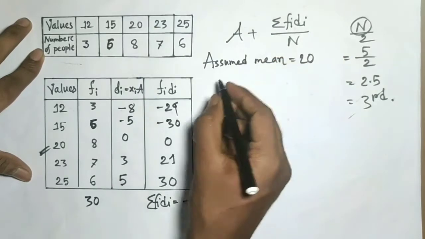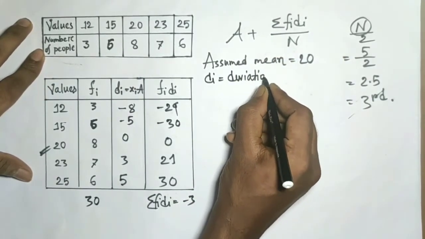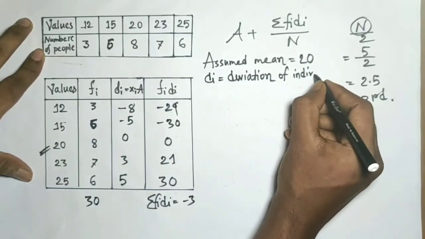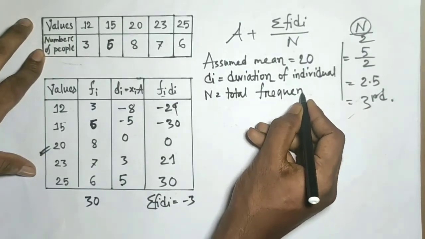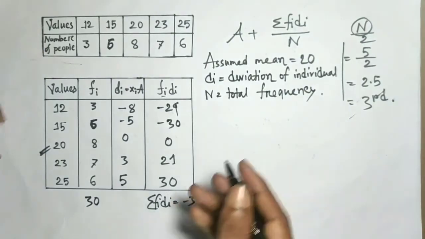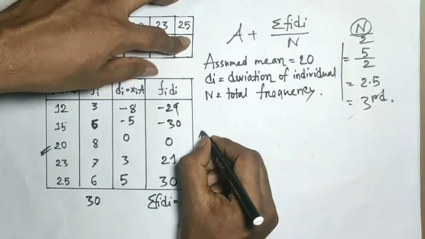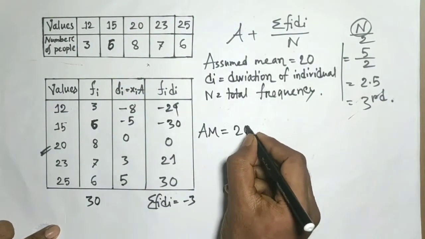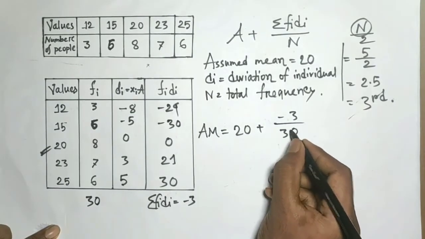Here let's identify the terms: di means the deviation of individual, and n is the total frequency. So by putting the values in the formula, we get the arithmetic mean, that is AM is equal to 20 plus minus 3 divided by n, which is 30.